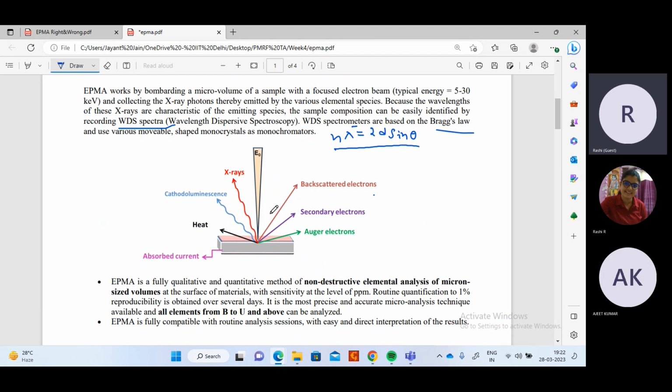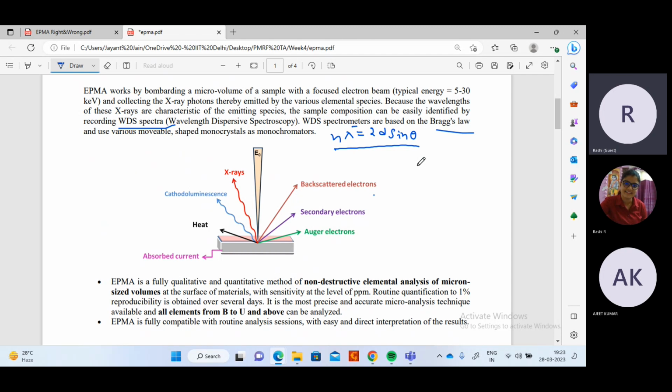Just that the electron will have a particular wavelength, right? That depends upon what element is present. So instead of taking the energy, as in the case of energy dispersive spectroscopy, it will take the wavelength, and then based on the angle and d-spacing, it will calculate using Bragg's law and find out which particular element it is.